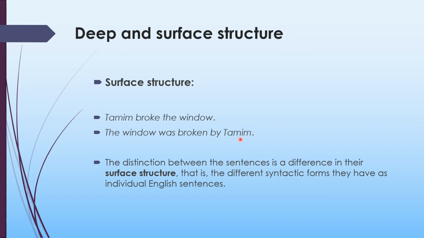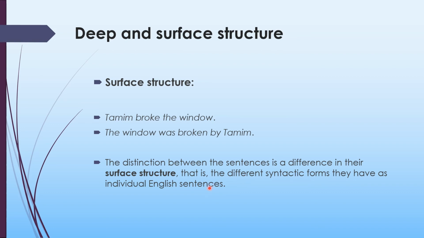If we look at these sentences, you know that there are differences in there. With the naked eye, you can see that these sentences are different. You identify the distinction because of their surface structure, the different syntactic forms they have as individual English sentences.